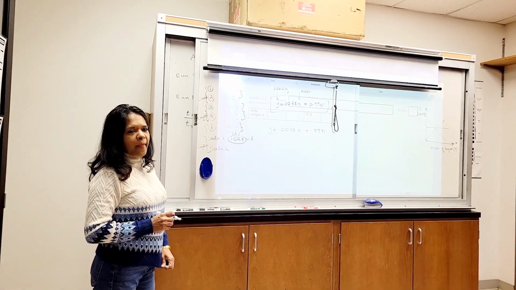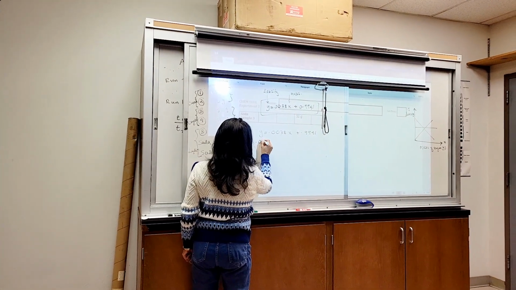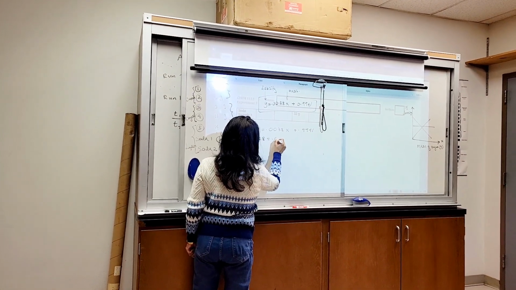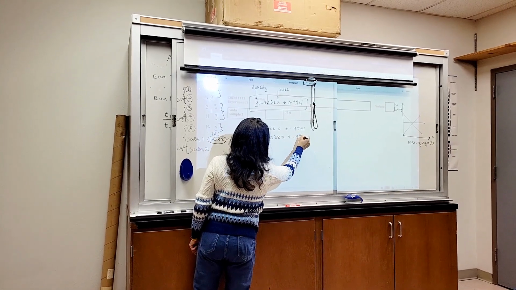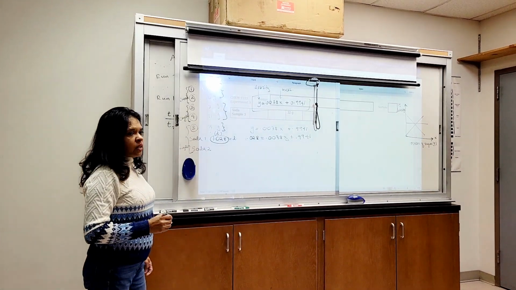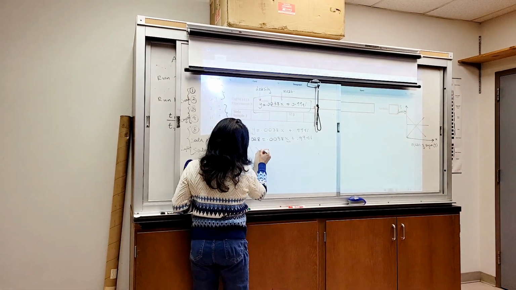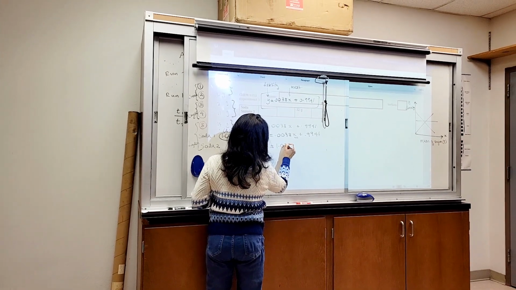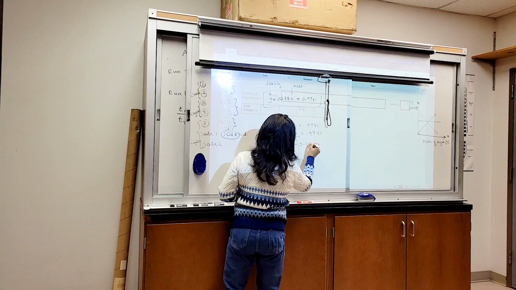Plug that in for Y. You plug that into Y. So 1.028 equals 0.0038x plus 0.9941. Can we find out our X now? Can you go ahead and find X and tell me what value that's going to be? It's 1.028 minus 0.9941.